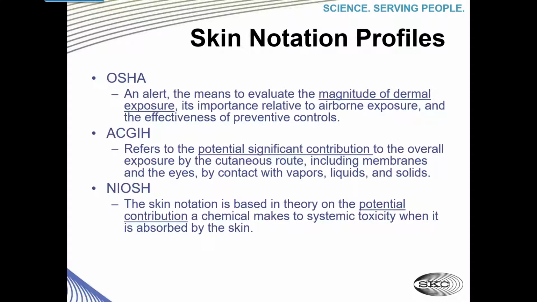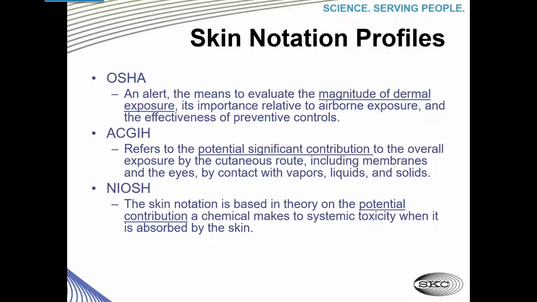These chemicals enter the bloodstream and cause health problems away from the site of entry. Based on toxicological information and how the chemicals are absorbed in the skin, as explained before, organizations such as OSHA, the American Conference of Governmental Industrial Hygienists, or ACGIH, and the National Institute of Occupational Safety and Health, NIOSH, put skin notation demarcations on chemicals that can affect us through dermal exposure.